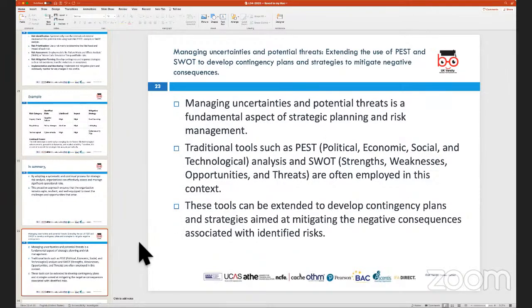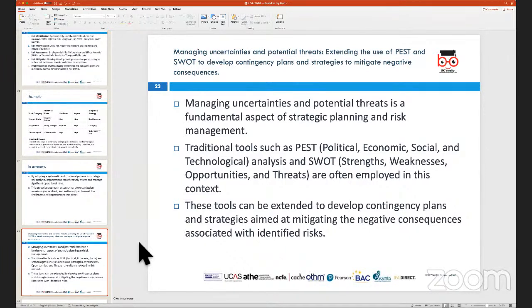Now, there are certain tools which we have learned in other units, and are obviously aware of, which are predominantly used to identify risks or risk factors. So when we talk about SWOT analysis, it is used to do an internal audit within the organization so that you can detect and discuss your strengths, weaknesses, opportunities and threats.